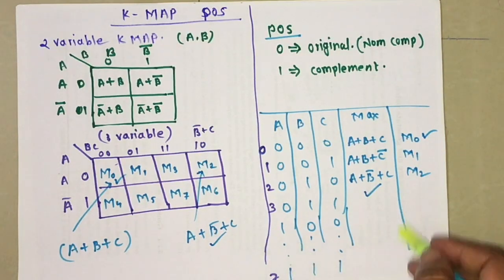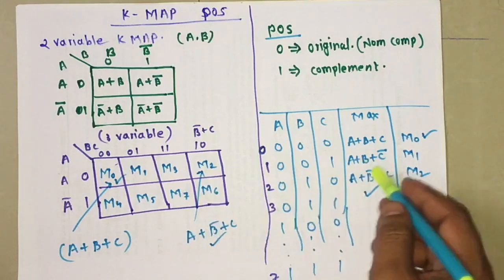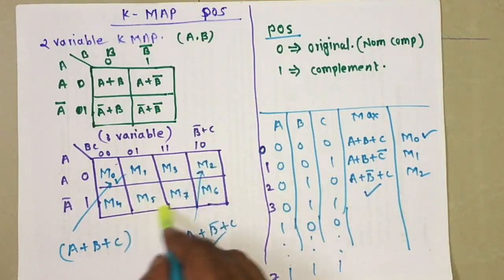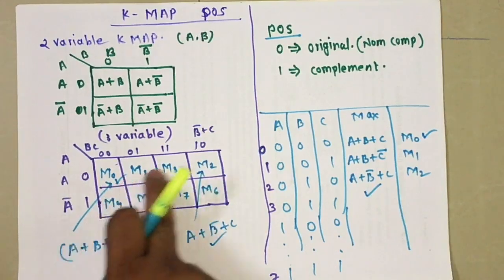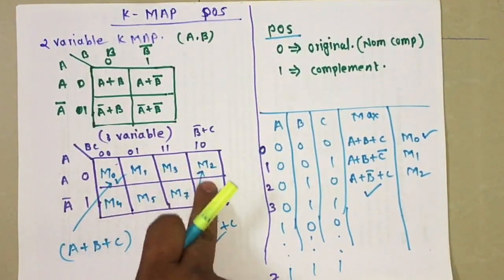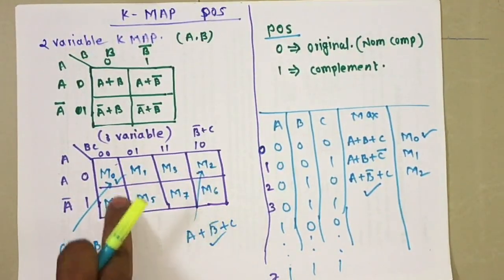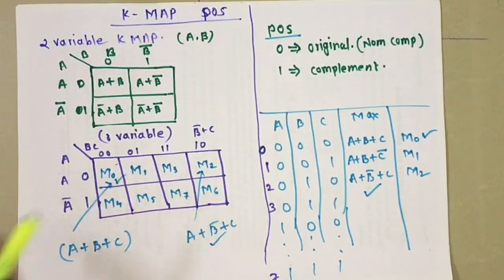In this way we can cross verify whether these terms are correct or not. So by remembering this max term format you can also write the K-map.